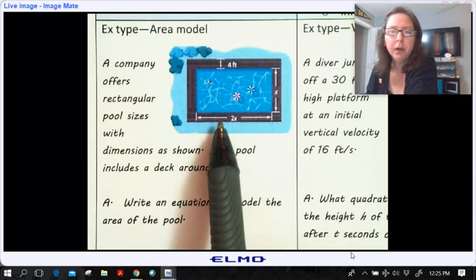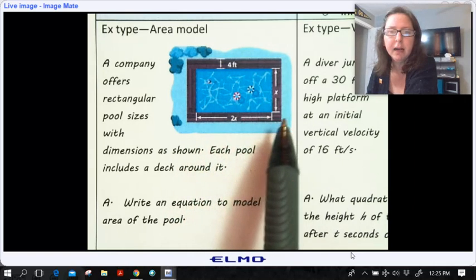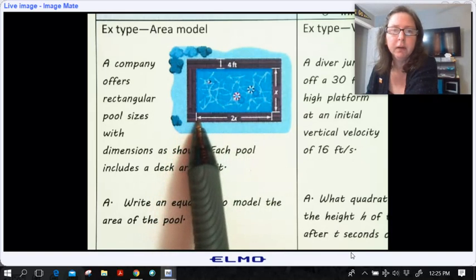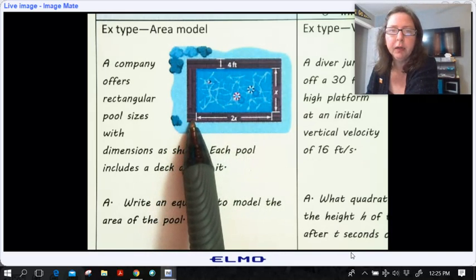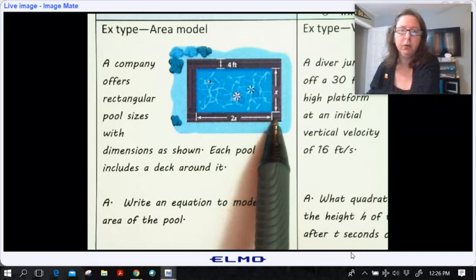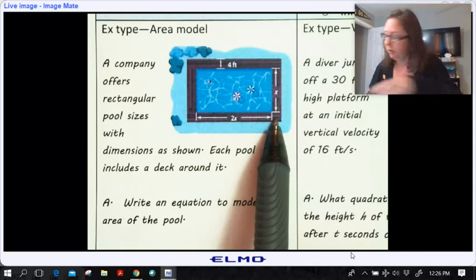So if I want to know the total outside area, including these extra parts, I'm going to have to include an extra 4 feet here and an extra 4 feet here. Okay, so 4 plus 4 is 8.